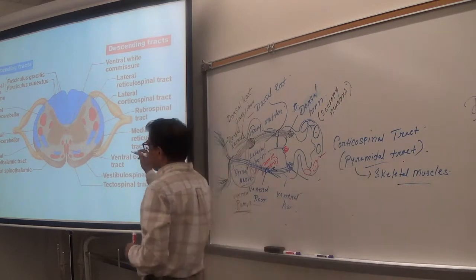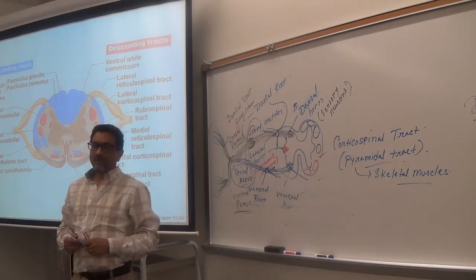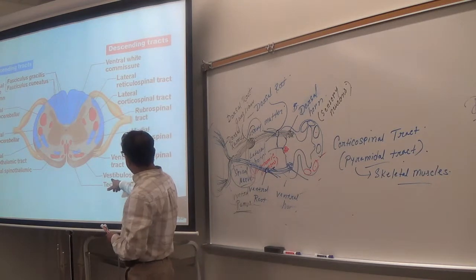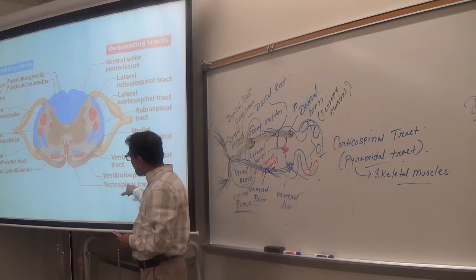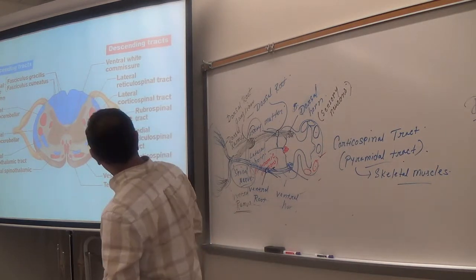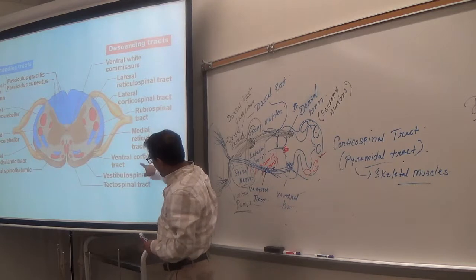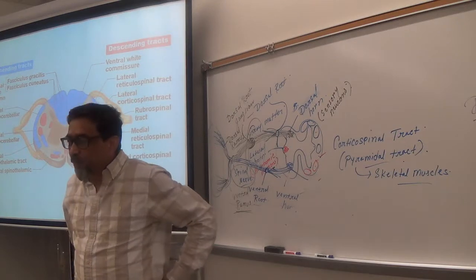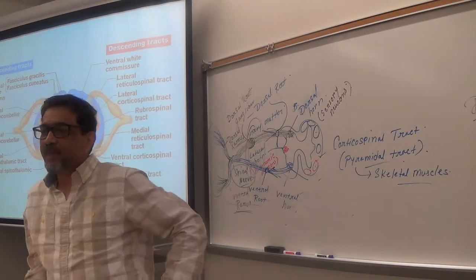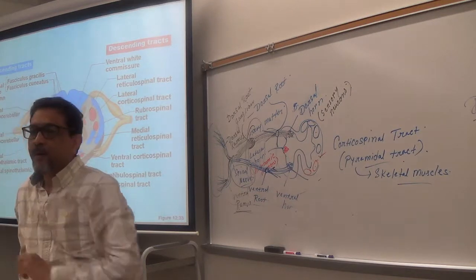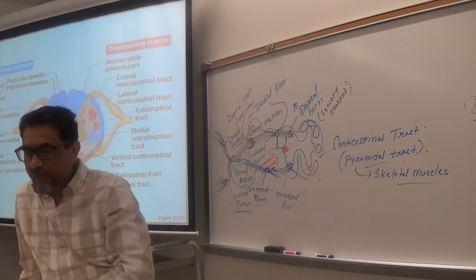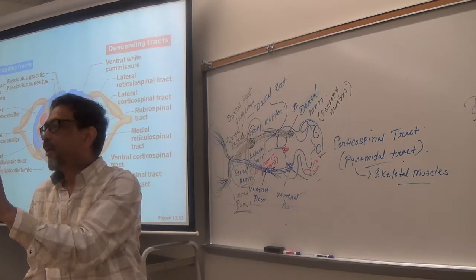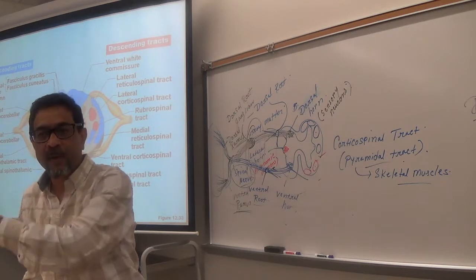Other motor tracts are vestibulospinal, tectospinal, rubrospinal. So these are other motor tracts. Now, one way to know which one is motor, which one is sensory: almost all motor tracts or descending tracts end with spinal. End with what? Spinal. Corticospinal, rubrospinal, tectospinal, vestibulospinal.